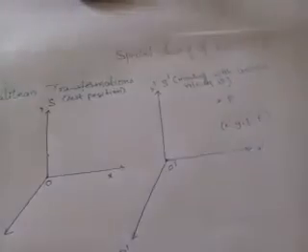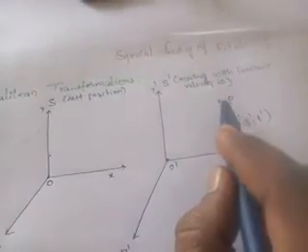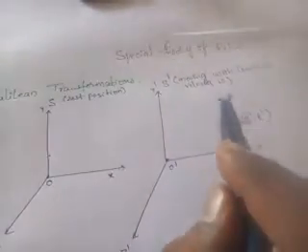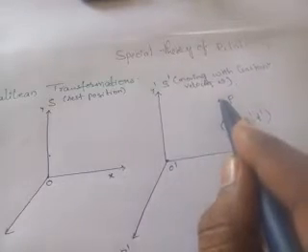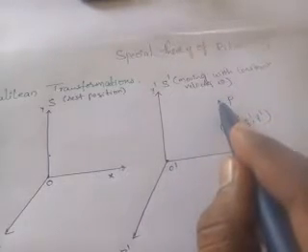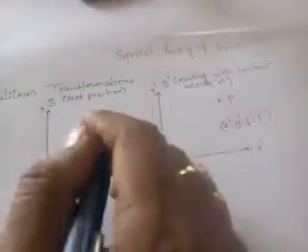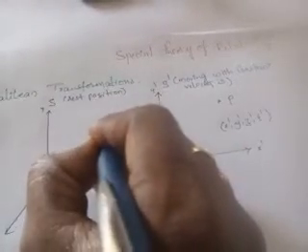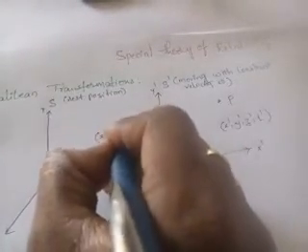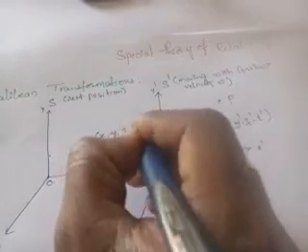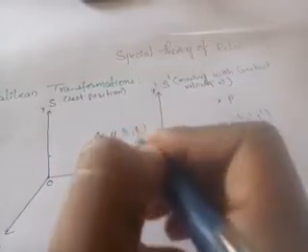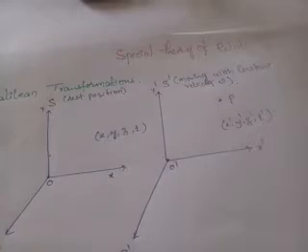Four coordinates we required to describe an event at point P. And similarly, to describe this event with respect to S, we required here also four coordinates. What are the coordinates? x coordinate, y coordinate, z, and finally time t. So we required four coordinates. Three are position coordinates, and the fourth one is the time coordinate.